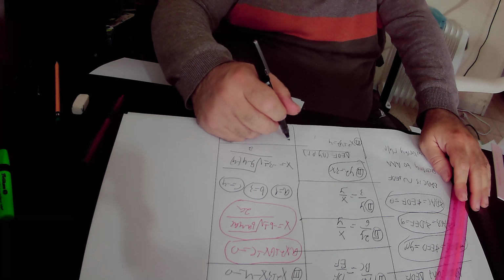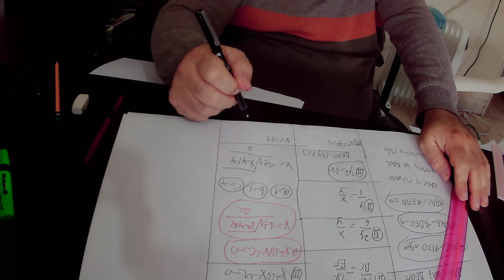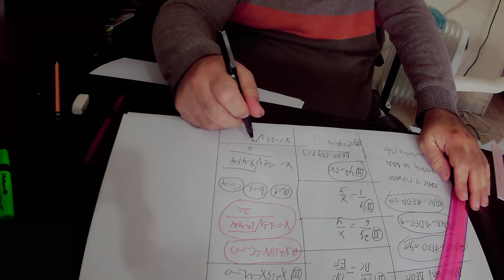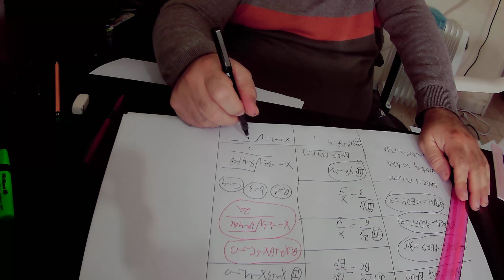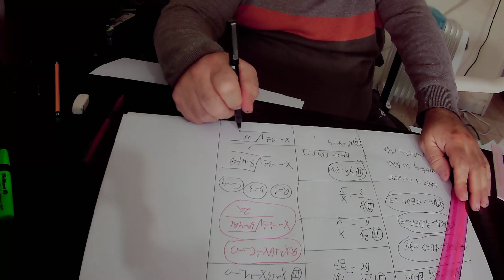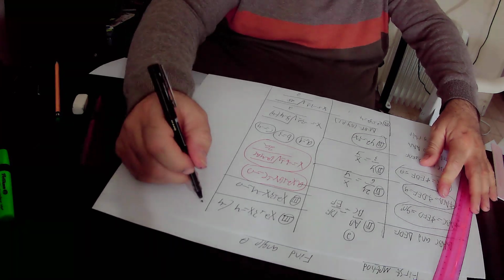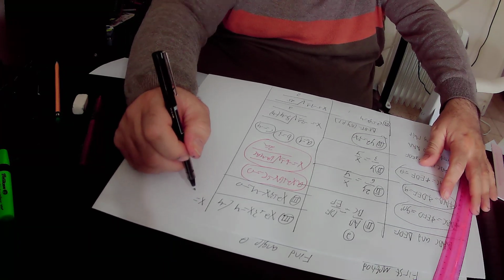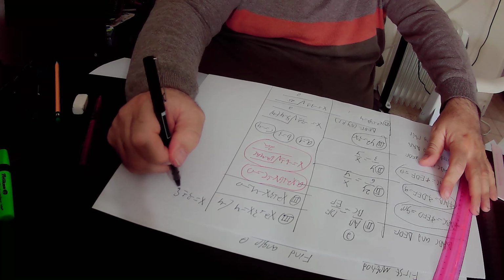So we got here that x equals minus 3 plus minus. Here we have minus 4 times minus 4 is plus 16, and 16 plus 9 is 25. So inside the root we are left only with 25 over 2. So here we have x equals minus 3 plus minus square root of 25, which is 5, over 2.